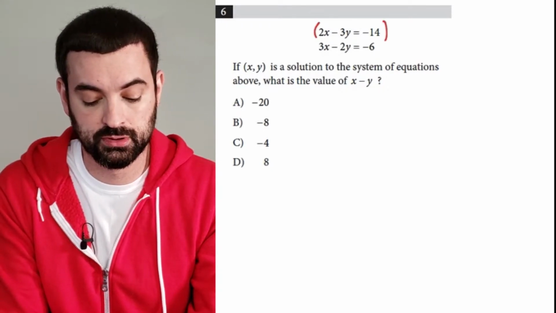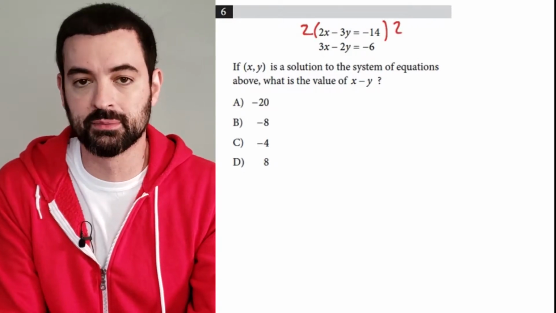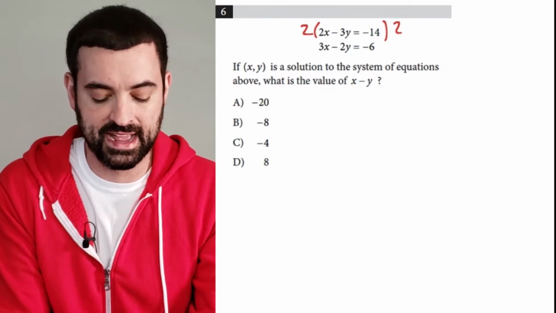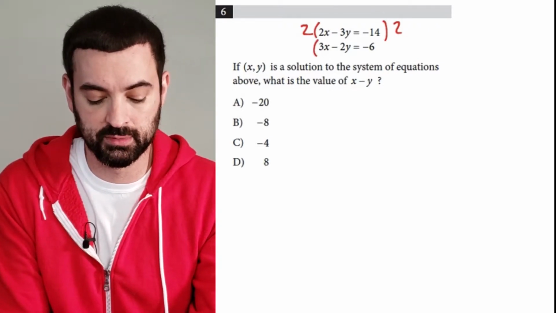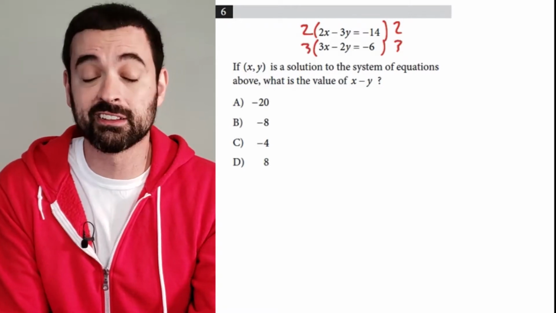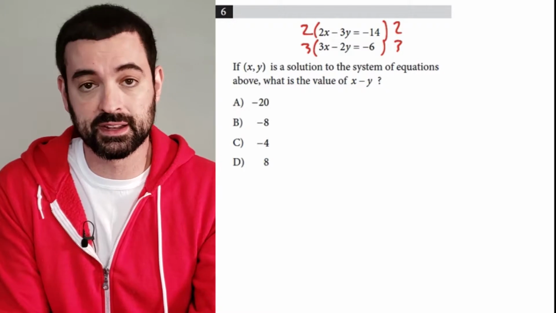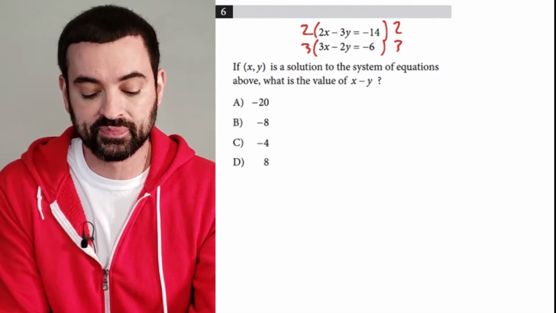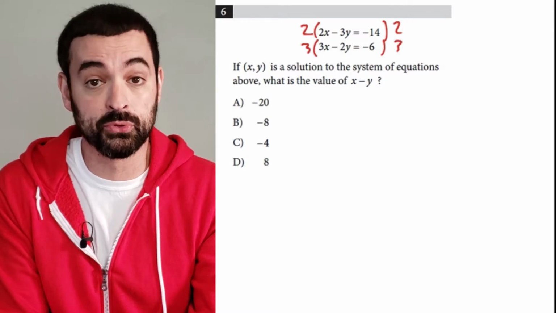What I'm going to do is multiply the top by 2. I'm going to eliminate my y values here. I could just as easily eliminate my x values if I wanted. And I'm going to multiply the bottom by 3. The reason is that multiplying the top by 2 and the bottom by 3 is going to give me a coefficient of 6 for both of the y values.